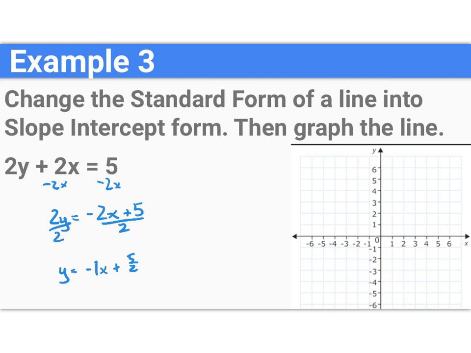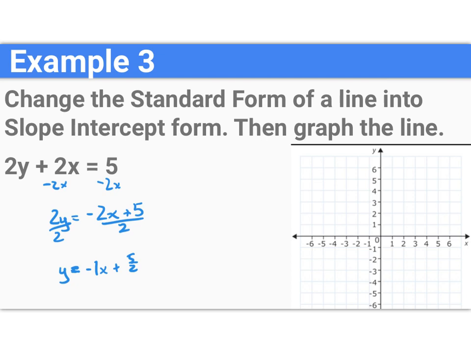The next step I did was divide both sides by 2, because when you solve an equation, it's positive 1 in front of whatever you're solving for. And because we're solving for y, it's positive 1y equals negative 1x plus 5 halves.